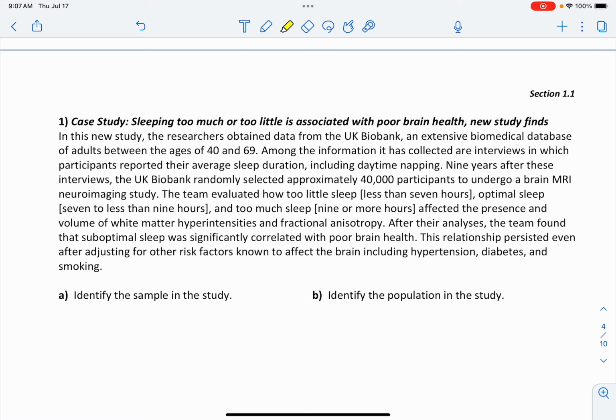Identify the sample in the study. The sample in this case is who was involved in the study, and that's those 40,000 participants. So for the sample in the study, we could just write the 40,000 participants.